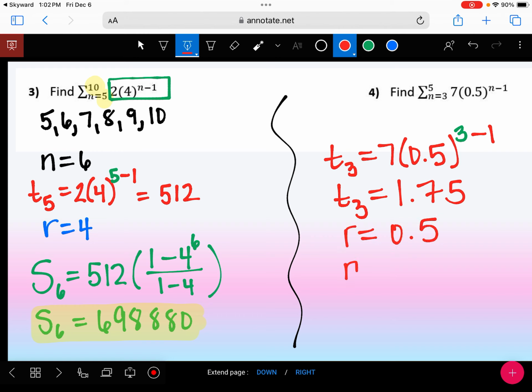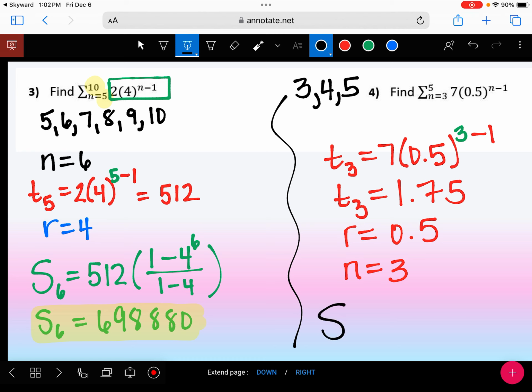And then we know r is 0.5. Now, what is n going to be? Show me with your fingers. What are you going to use for n? 3. Because this is telling us to start with the 3rd number and go up to the 5th number. So that's 3 terms. So n is 3.